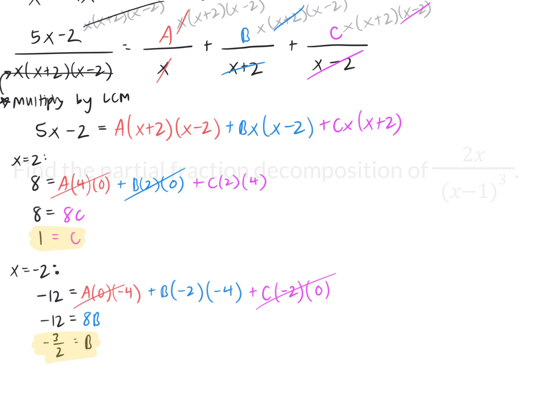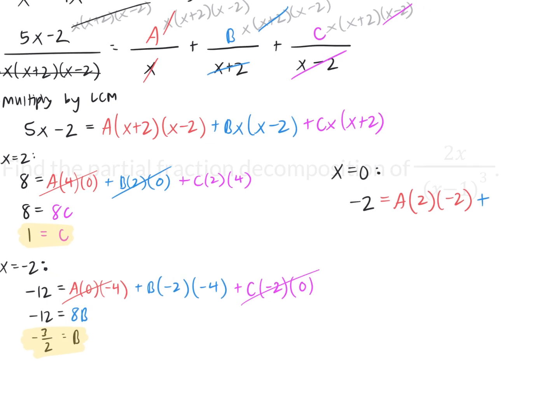If I plug in x equals 0, I would end up with -2 on the left. And then I don't know my a value, so that's a times 2 and -2. Plus, do I know my b value? Yes, I do.